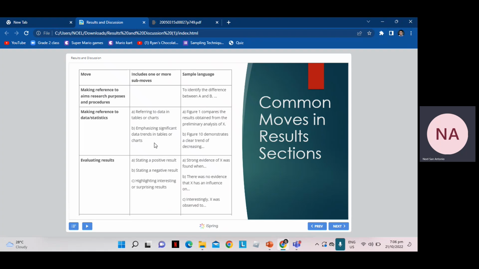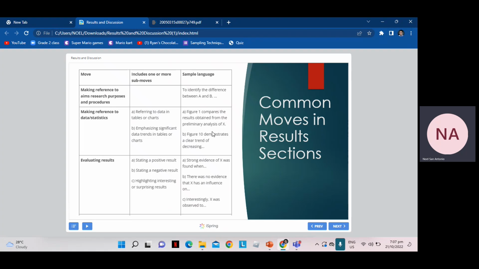Basically, you already did this when interpreting your tables and charts. You give emphasis on the significant data trends that can be seen on the table. For example, figure 10 demonstrates a clear trend of decreasing or increasing, or sometimes you emphasize the highest or the lowest. Those are trends that can be highlighted because they have significance to your findings.